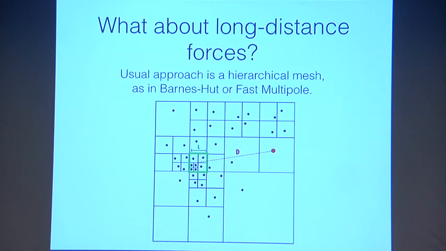All right, and someone else asked about gravity or long distance forces. The usual approach in cases like this is something called either fast multipole or Barnes-Hut, or there are various implementations of this, where all the particles interact with one another.